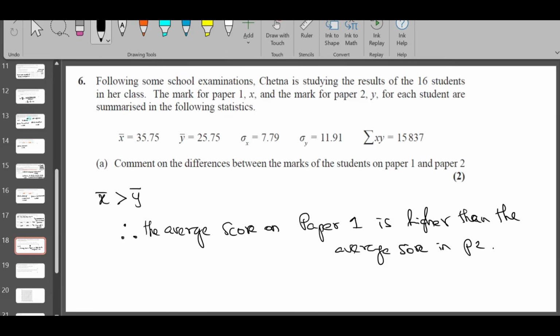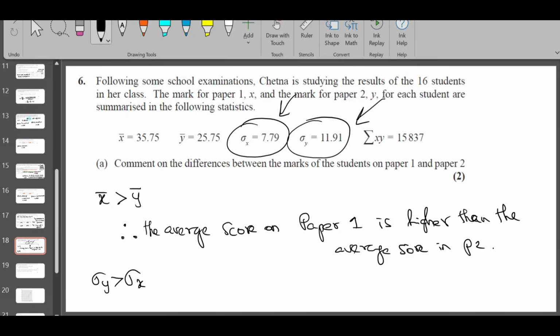Now let's look at sigma x and sigma y, because the standard deviation tells us how spread out the data is. Sigma y is bigger than sigma x. If the standard deviation is smaller, the data is closer to the midpoint, which means the marks are more consistent and the spread is smaller. If the standard deviation is bigger, the data is more spread out, so the marks are not consistent.